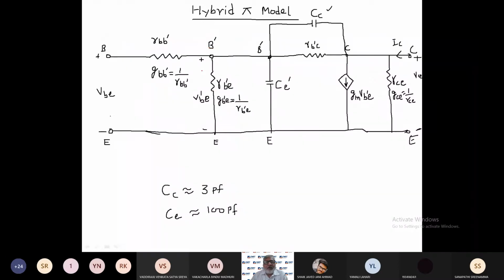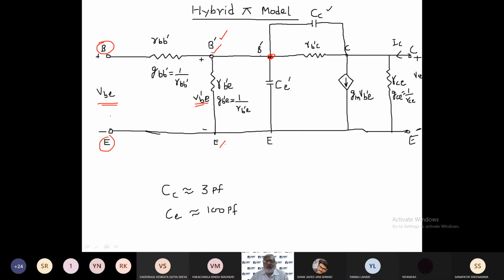And here you can find a voltage drop between this voltage terminal B and E. The voltage measured is voltage between base and emitter. Same way, between B dash and E, I have written the voltage B dash E. Okay, so the voltage which we are representing between virtual point B dash and emitter is VB dash E. Right.